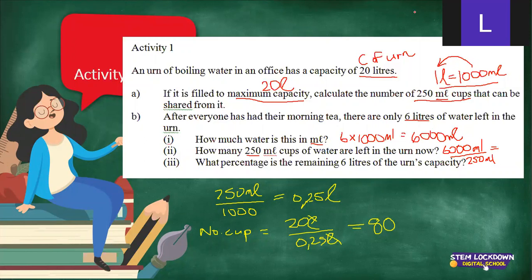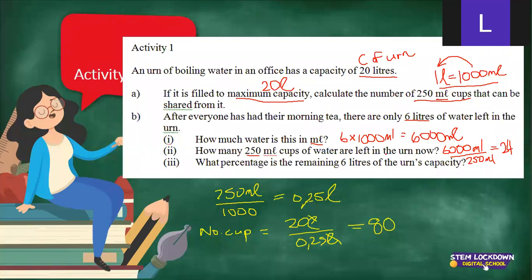Okay, let me see your chat. Jared says 24. Very, very active learner. I'm sure they get very, very high marks in school. Excellent, 24 times is correct. What is important with this type of question is that the units must be the same. So you can't divide 6 liters by 250. The answer will be incorrect.